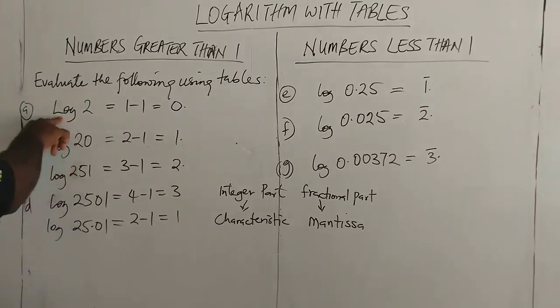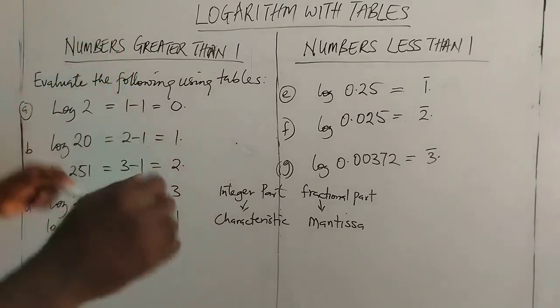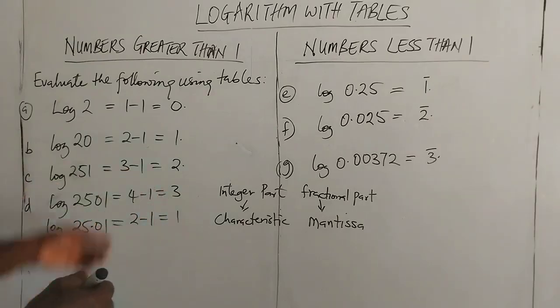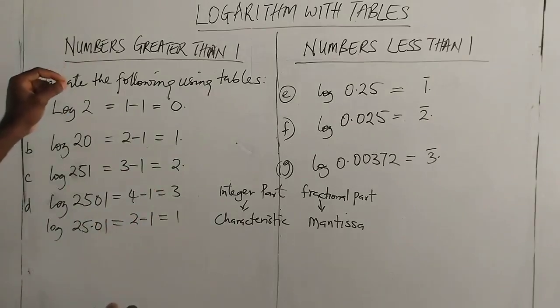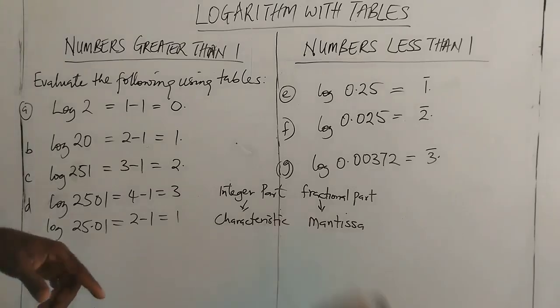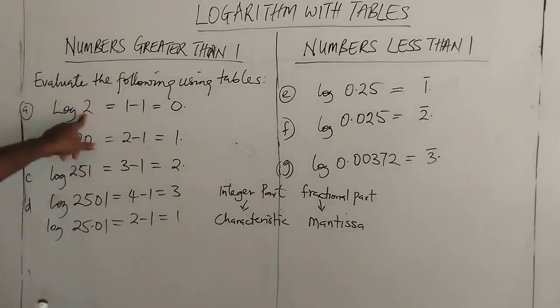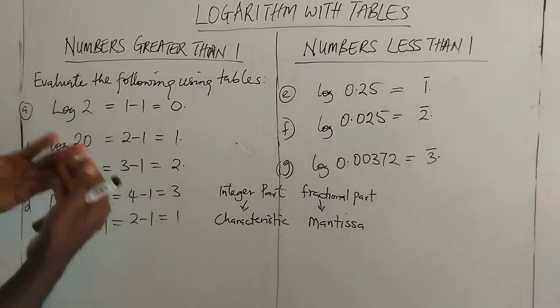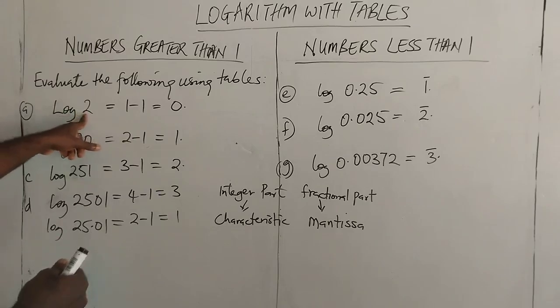So for this one, if you check the mathematical table, you discover that the lowest number there is 10 and the highest number is 99. So 2 is not there. If you open the mathematical table right now, you discover that 2 is not there.